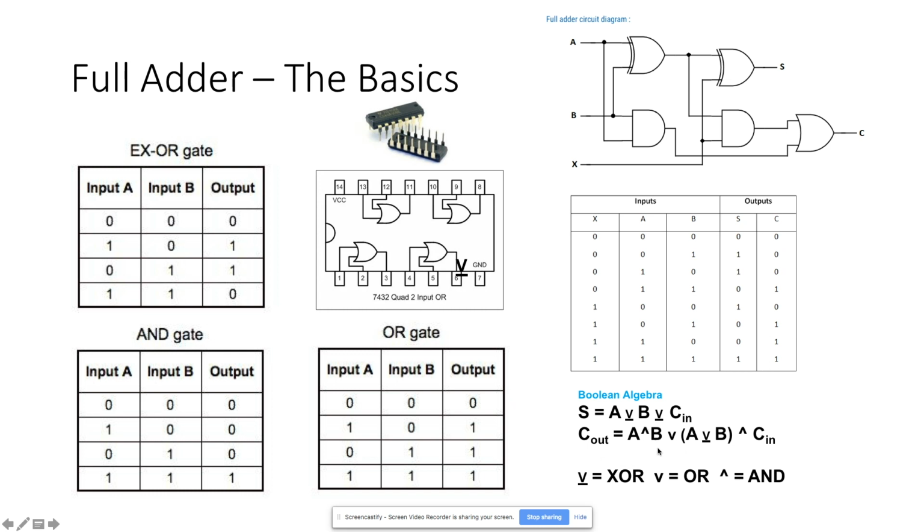That's the output C's, and that is from the input, which is X up here, but that's the input C, A and B, or A or X or B, and C. So those basically are the ANDing of these, the XORing of these, and the input from here.